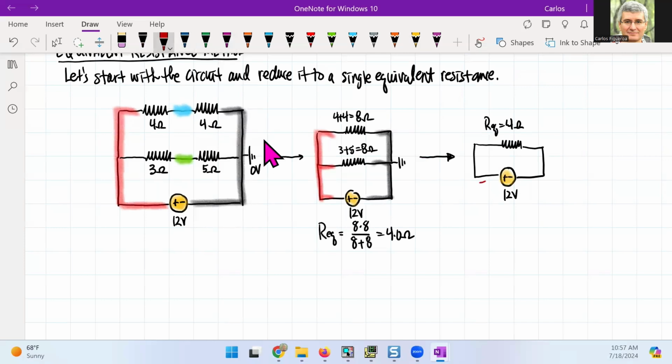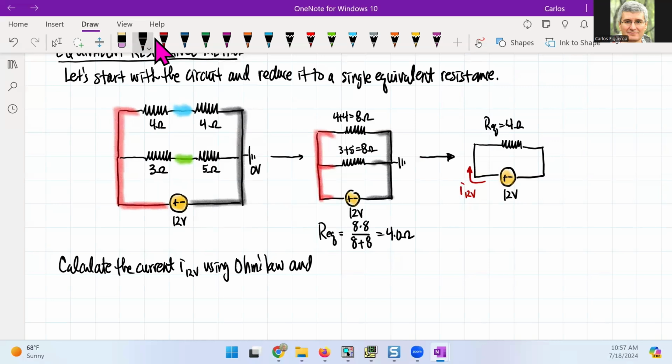Our goal here is to calculate the current of the 12-volt source, I of 12 volts, using Ohm's law, and the power of the 12-volt source.